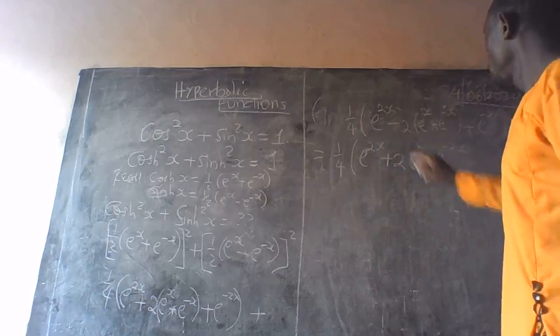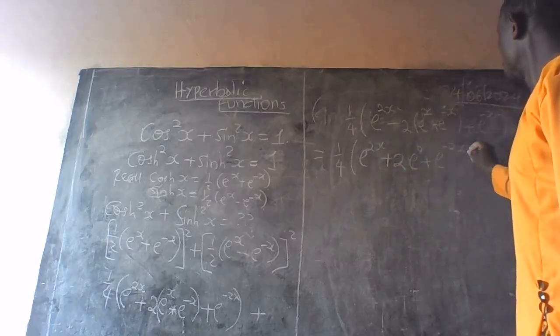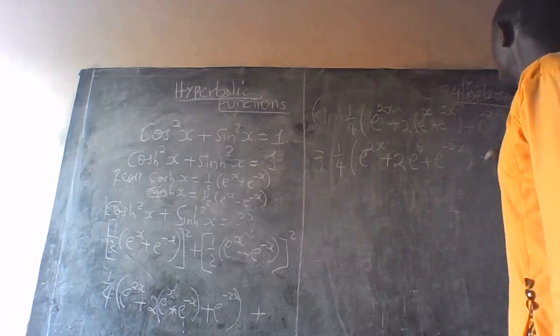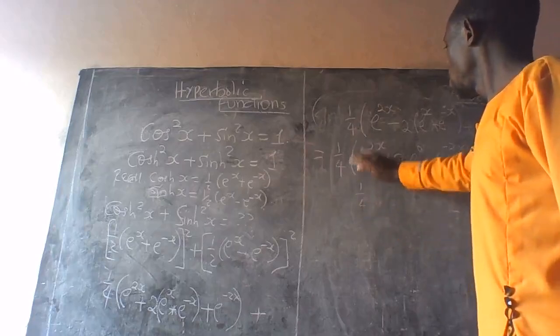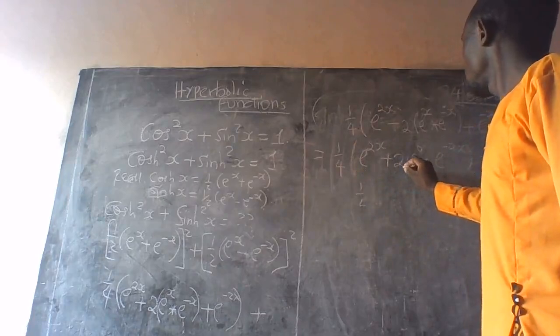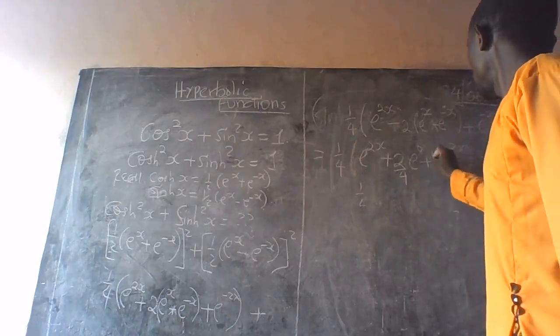Then we add this one, added to a quarter. We can have a quarter. This divided by 4. This is a quarter.